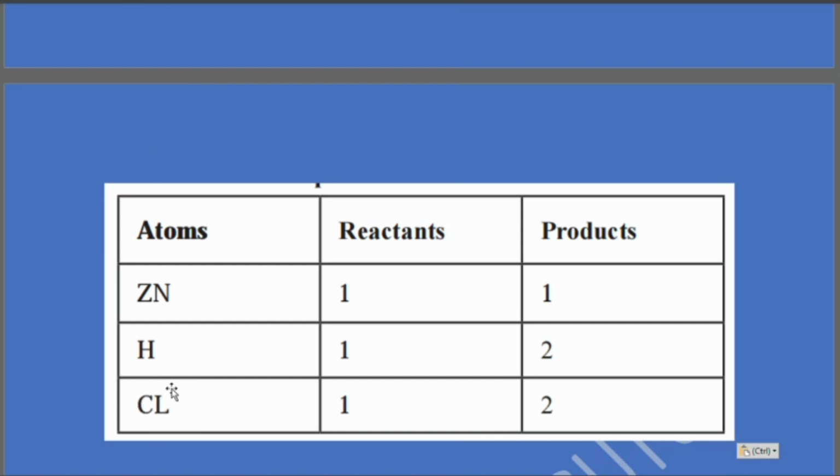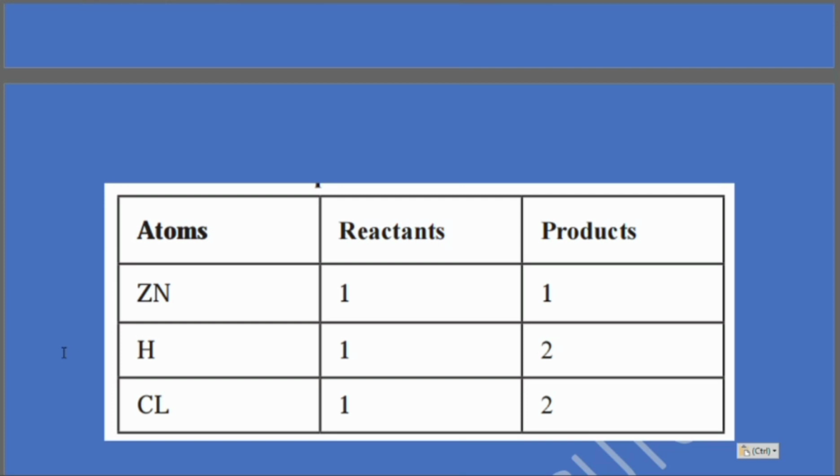Hydrogen, we have 1 on the reactant, 2 on the product. Chlorine, sorry, here the L has to be a small l. Then here we have 1 chlorine atom on the reactants and 2 chlorine atoms on the product.